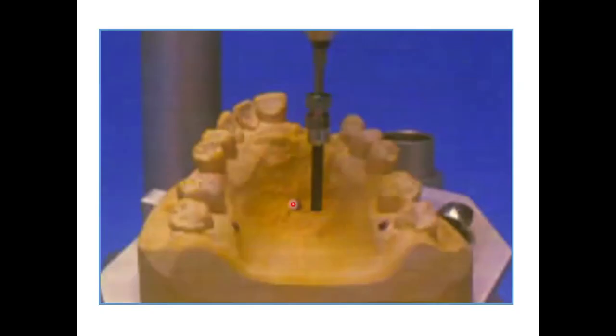These 3 points will form a plane which is recorded for this particular cast. The same plane of orientation will be used for this cast n number of times whenever you are planning to change the design or fabricate any prostheses on this cast.